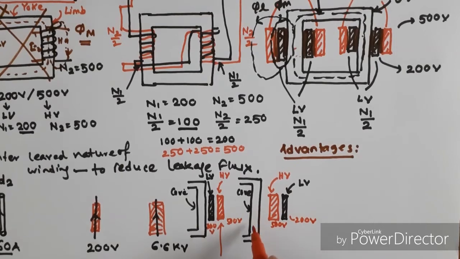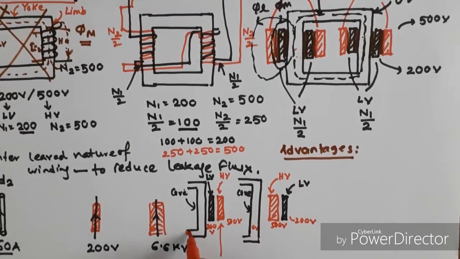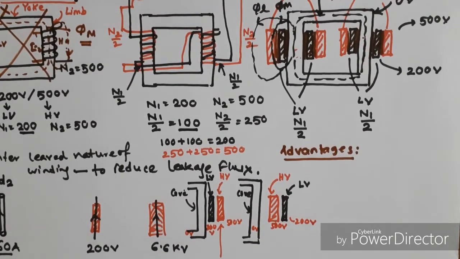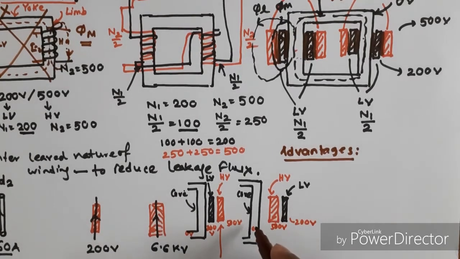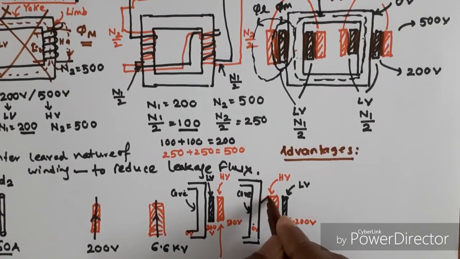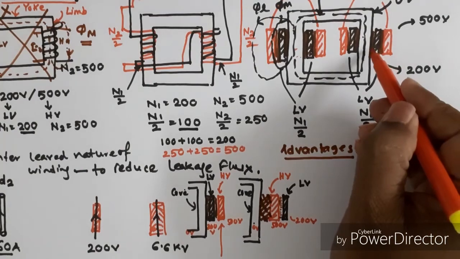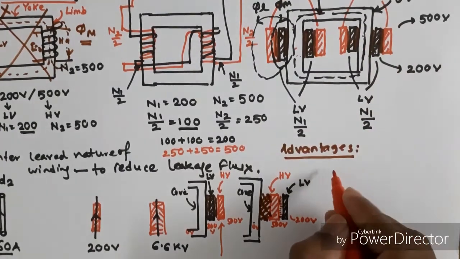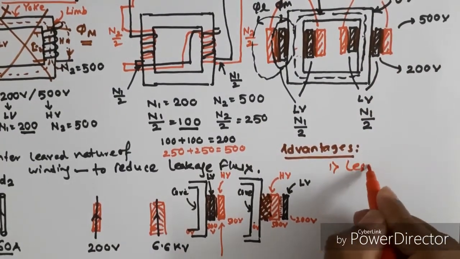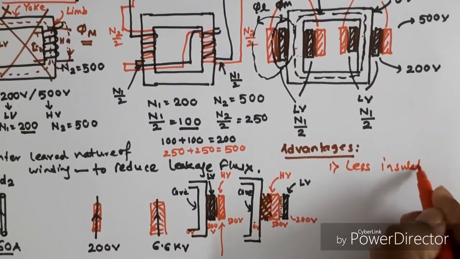Here the potential of the core is 0 volt. Therefore, between 0 and 500 there is a huge potential difference, so the insulating material required in this configuration will be more. But here, 0 to 200 volt, we require less insulating material. Again, if we place the low voltage winding nearer to the core, we require less insulating material.